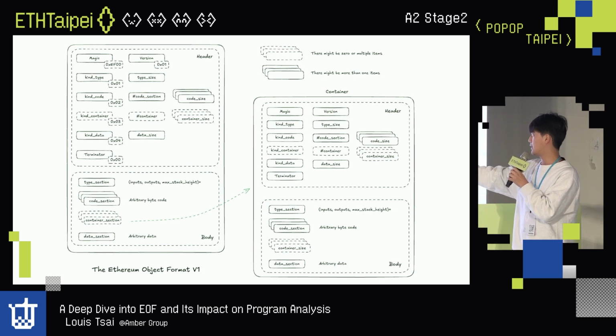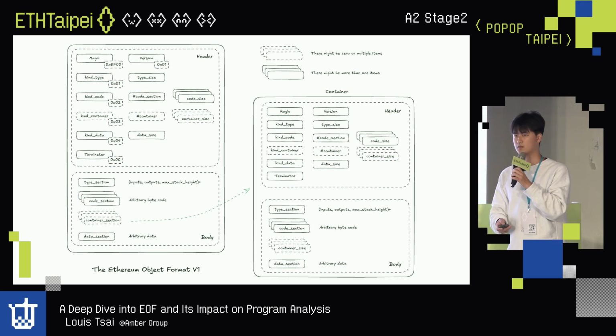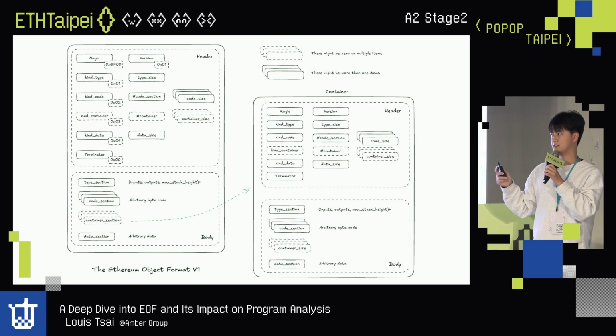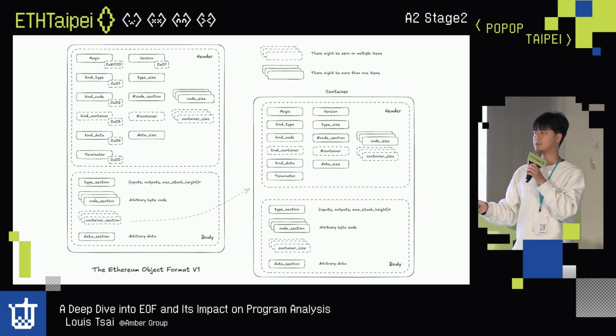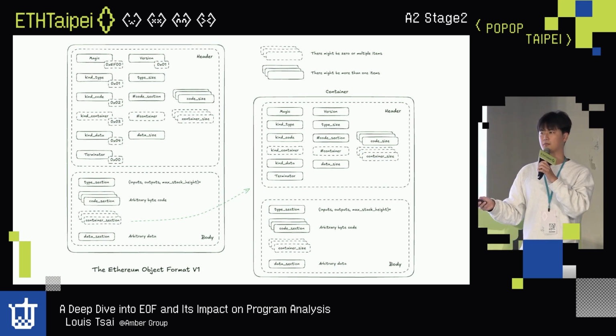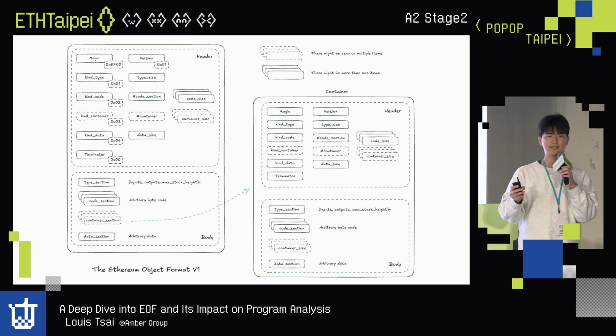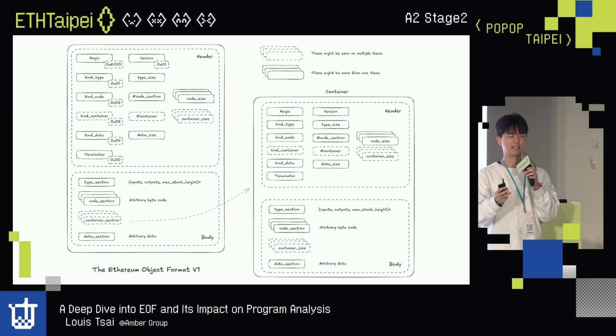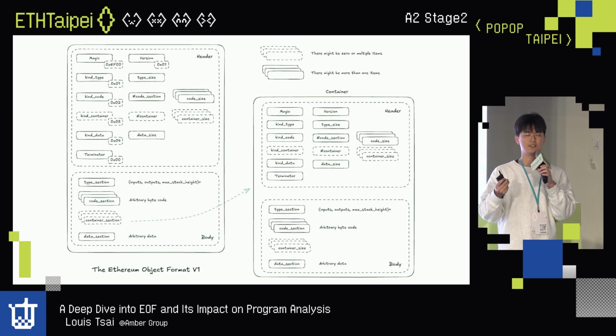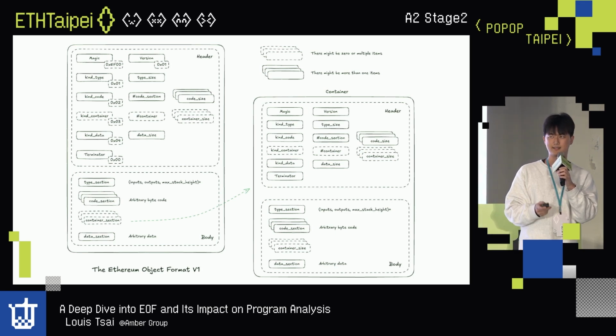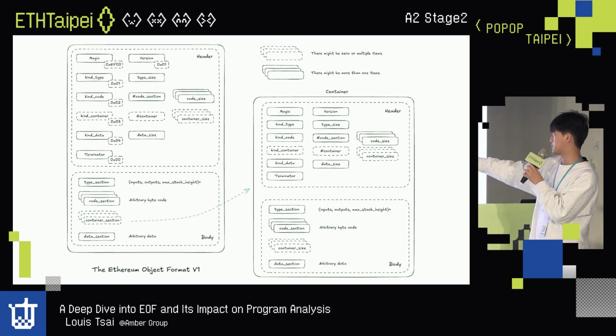And finally, we have the data kind. In EOF, the code data separation pattern is introduced. The contract logic is stored in the code section, while the data, like the constant or immutable values stored in a smart contract, is placed in the data section.